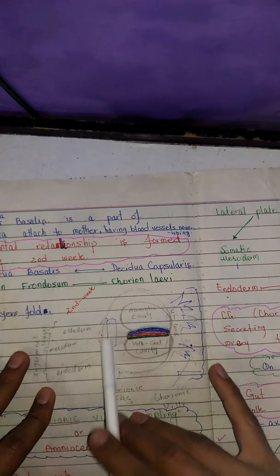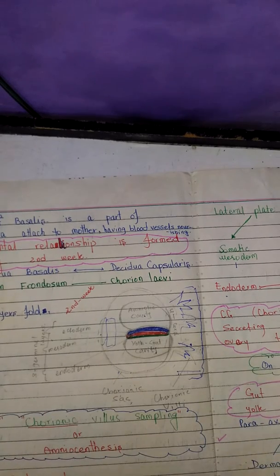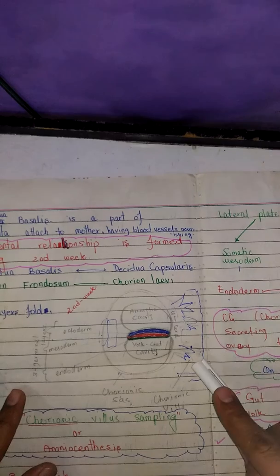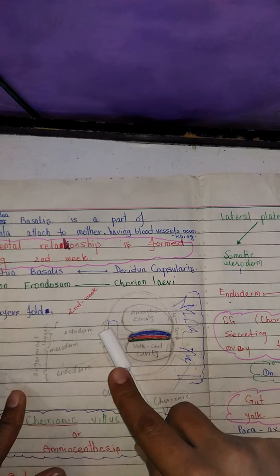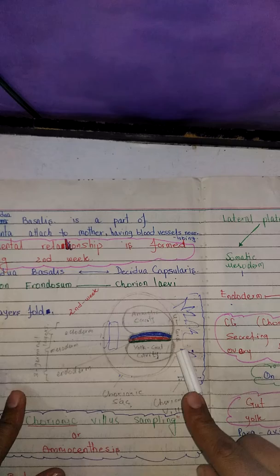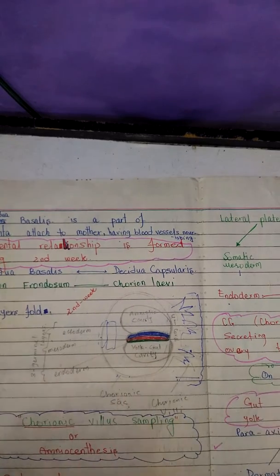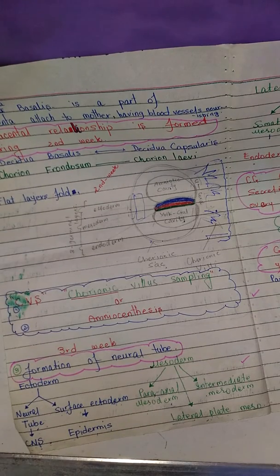The opposite side is called chorion laeve. So decidua basalis is the part of the placenta where the villi are projecting to the blood vessels of the mother. The opposite side of decidua basalis is decidua capsularis, and where the villi are coming out is chorion frondosum. The opposite side is chorion laeve. These terms are important because they can be used in MCQs.